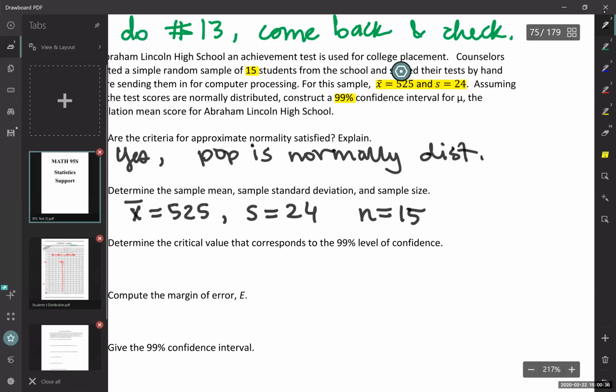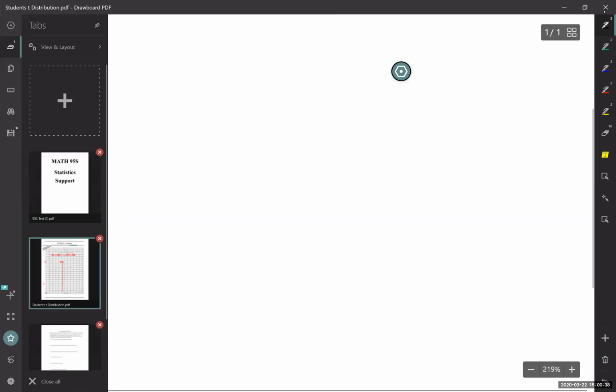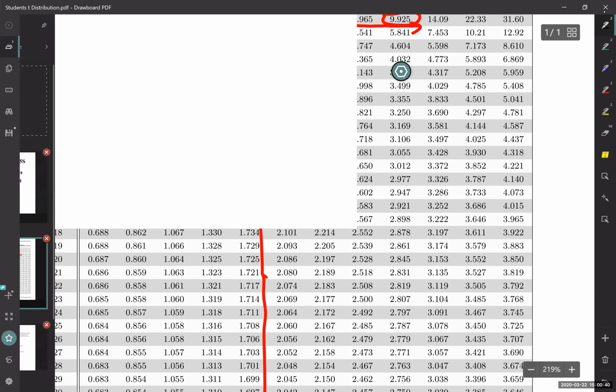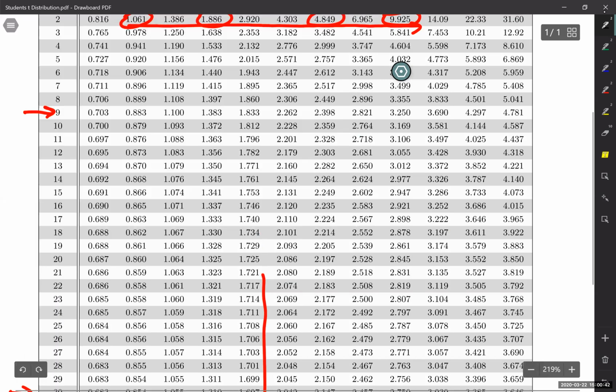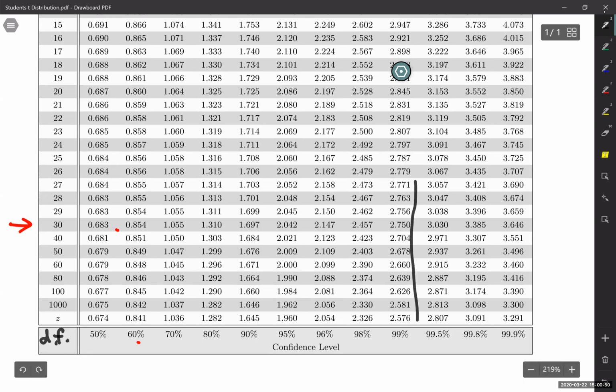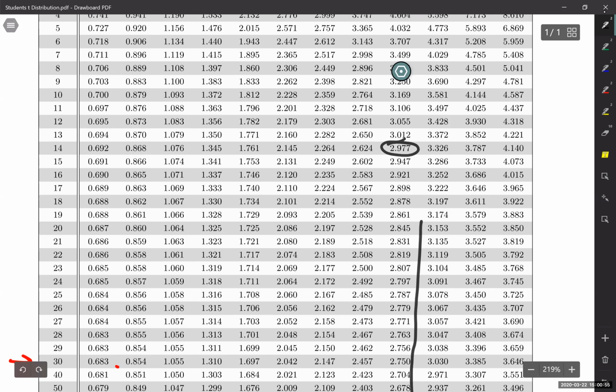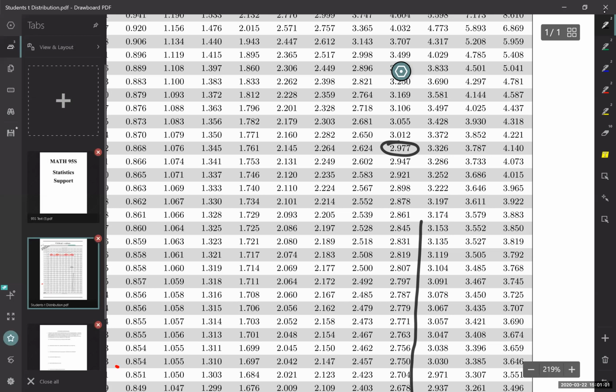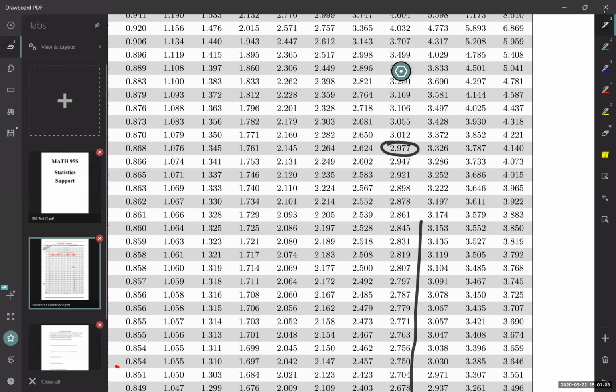And so since our sample size was 15, our degrees of freedom was 14, and again, 99%. So that will be over here. Where is it? 14. So we get 2.977 as our T.